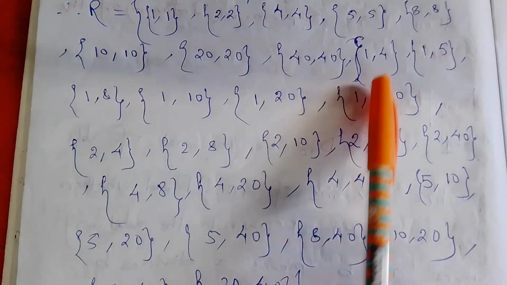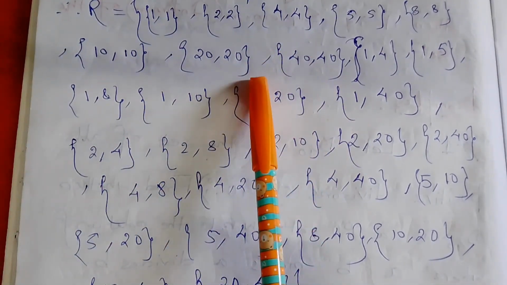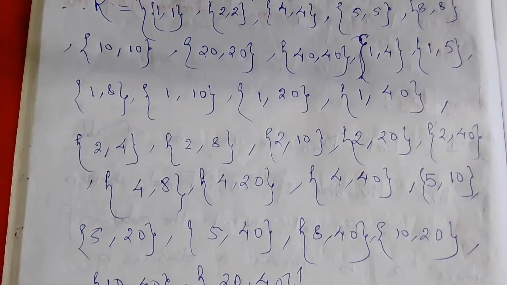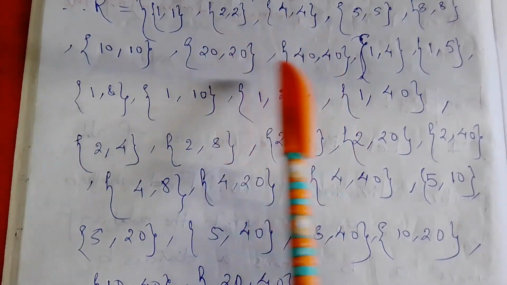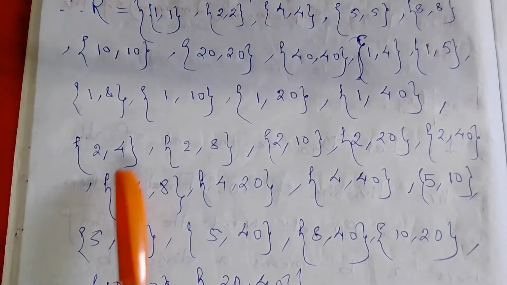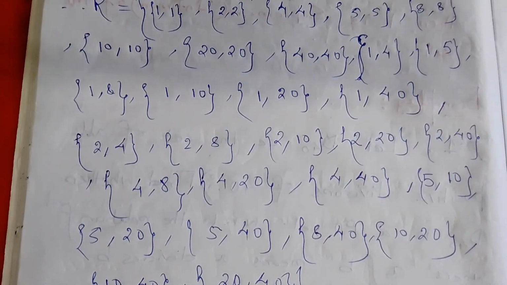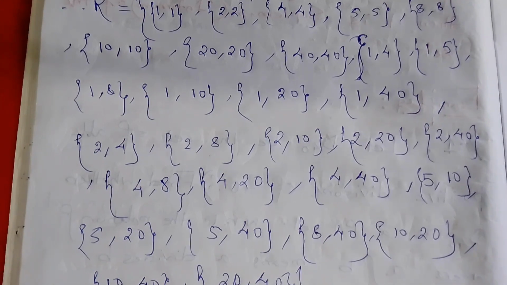Here 1 divides 2, but 2 can't divide 1. And the relation set is also transitive, because 1 divides 2, 2 divides 4, and 1 also divides 4. So the transitive property is preserved. So clearly it's a POset.